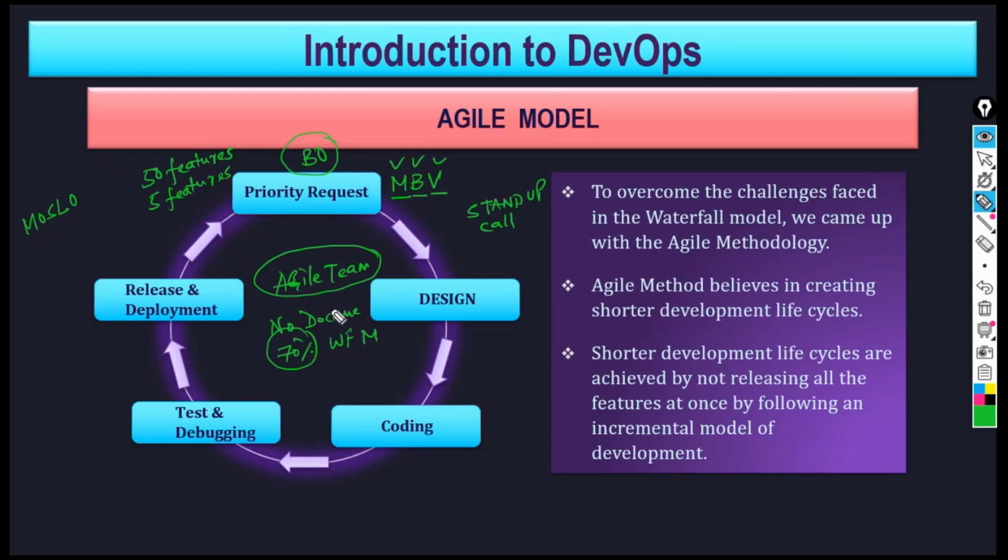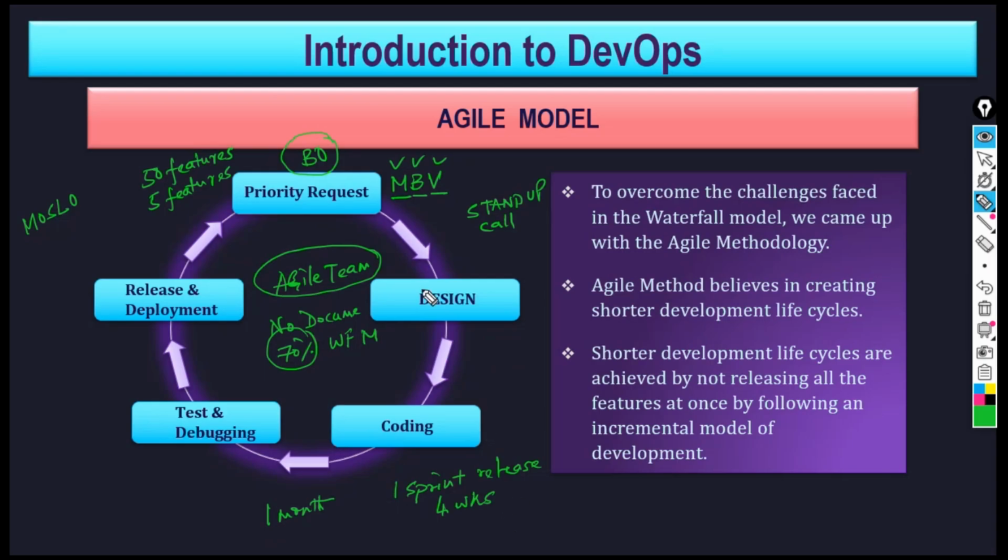But when you are developing 5 features for the time being, within 4 weeks, there will be a sprint release of 4 weeks. You can plan it.